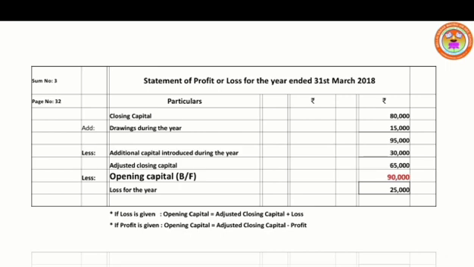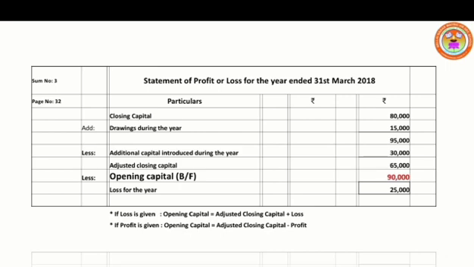As per the formula, the first step is closing capital 80,000. Then add drawings during the year 15,000. So 95,000 we got. Then less additional capital introduced during the year, 30,000. Now deduct, 95,000 minus 30,000, 65,000.